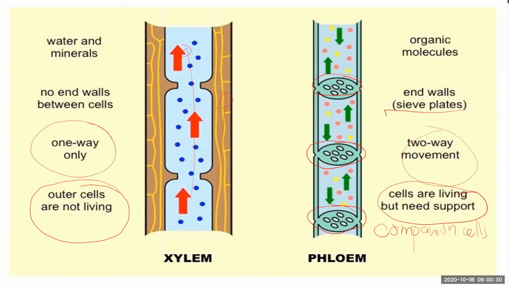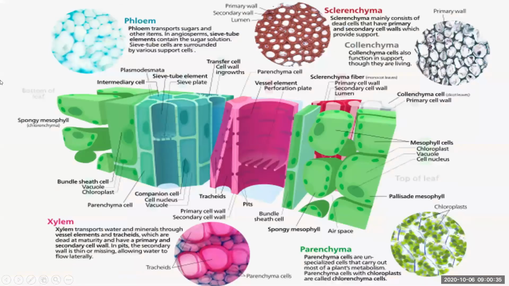Okay, so to summarize, we have this illustration here. It summarizes the cells that we can see in a plant. We have the simple cells: parenchyma, collenchyma, and sclerenchyma, and they have their colors.